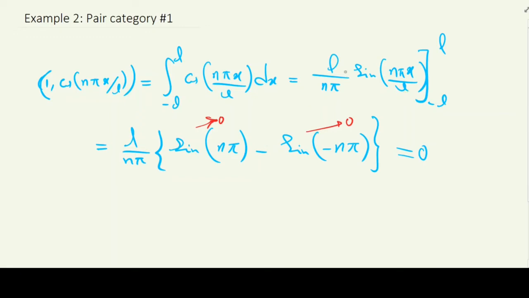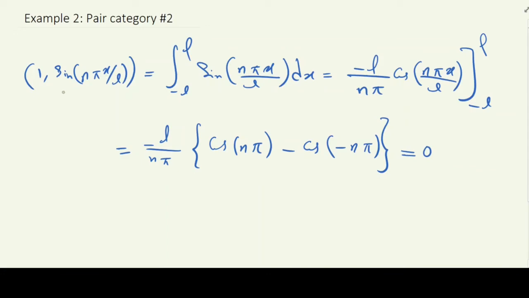So you end up with L over n pi, which is kept here, and then you're going to have two terms, sine n pi minus sine minus n pi. From the previous discussions that we had, we know that both of these terms are going to be 0. So that means that the inner product that we have here is going to be 0.